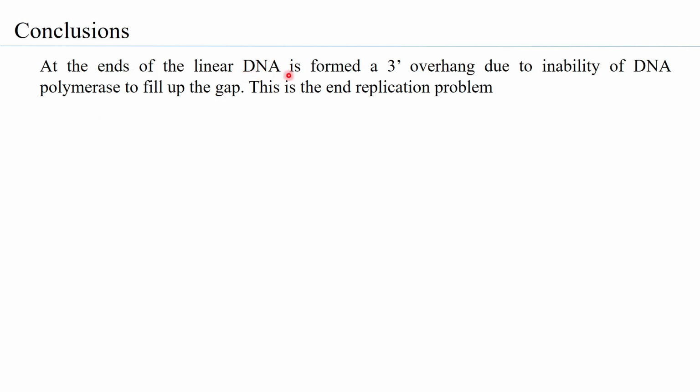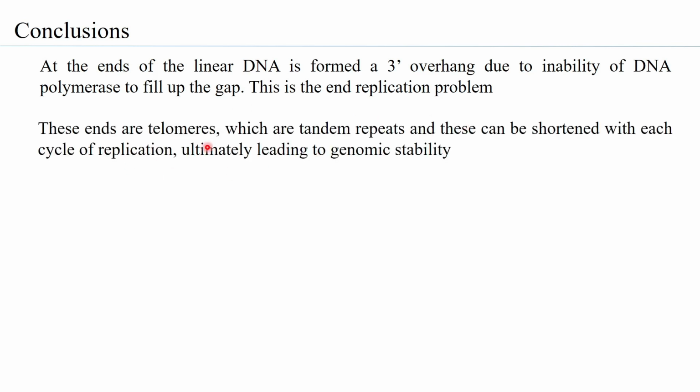So let us conclude, therefore: at the ends of the linear DNA a 3' overhang is formed due to the inability of DNA polymerase to fill up the gap. This is the end replication problem. These ends are telomeres, which are tandem repeats, and these can be shortened with each cycle of replication, ultimately leading to genomic instability, not stability, instability.